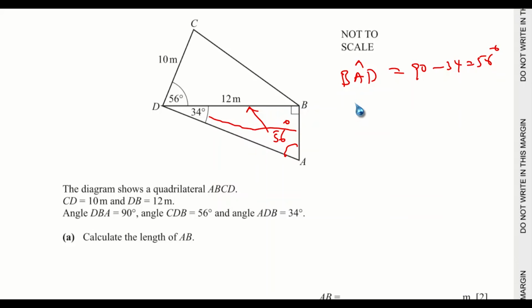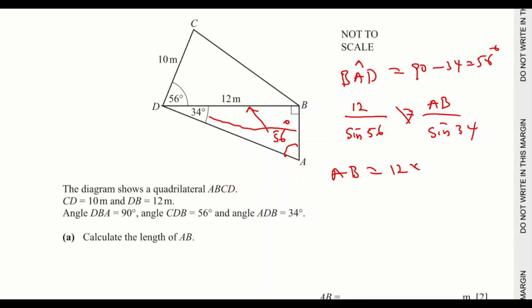So I will say 12 meters over its corresponding angle, that is sine 56, equals this side AB that I'm looking for over its corresponding angle, sine 34. If I cross multiply and make AB the subject of the formula, AB equals 12 times sine 34 divided by sine 56.